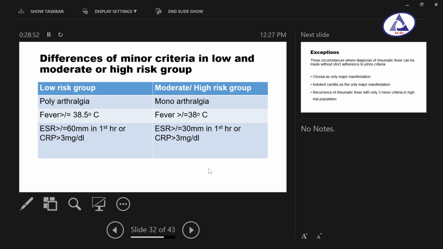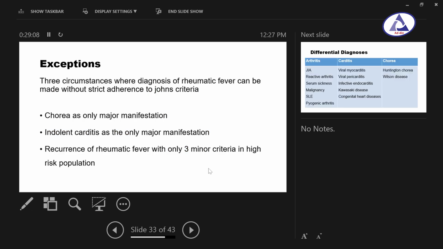This is another feature: polyarthralgia in low risk population is important, and monoarthralgia is also significant in high risk population. Fever and ESR we have already discussed.